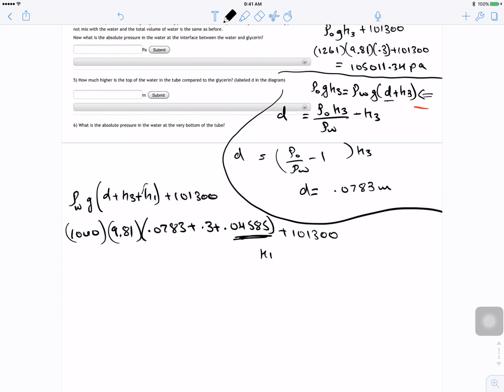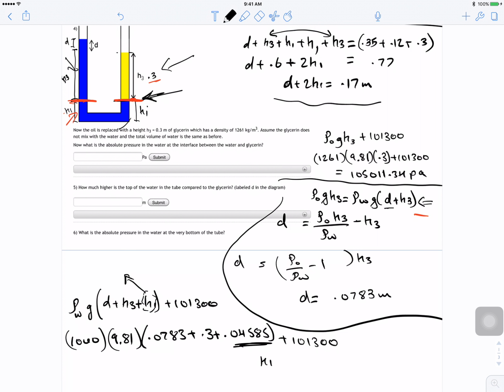Now, how I found H1: remember when we did the equation D plus 2H1 equals 0.17? D is 0.0783, so 0.17 minus 0.0783, and then we divide that by 2.